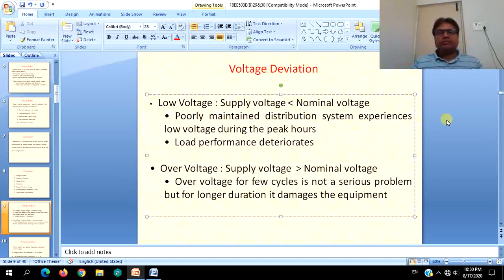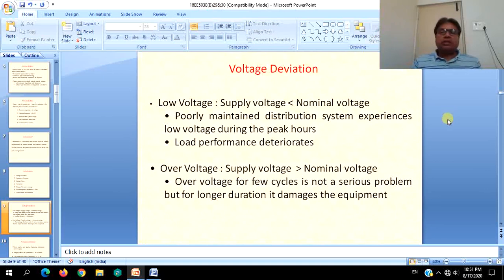That is done by your regulating transformers, which you have discussed in your power system protection and control, and also in power system calculations. But what happens due to low voltage is that load performance deteriorates, obviously. Lights will flicker or become dim, a motor rotates at lesser speeds, and vibrations will occur likewise.